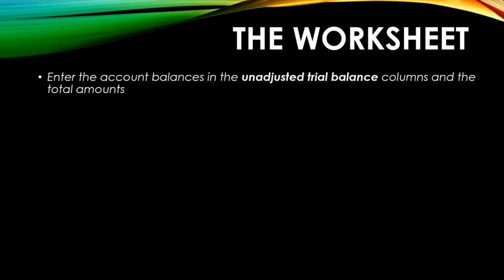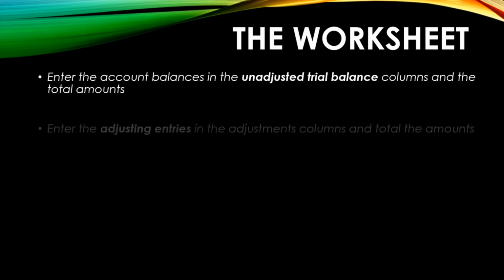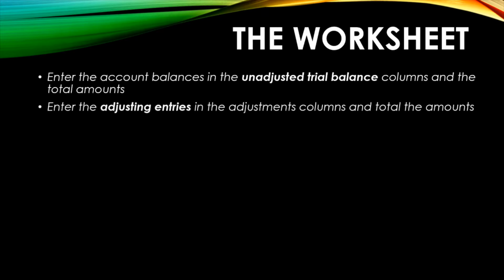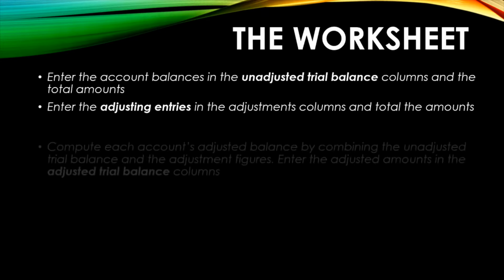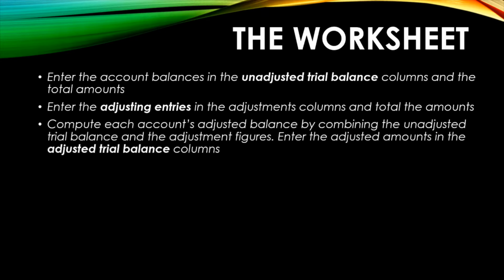So how should we prepare the worksheet? The first step: you enter the account balances in the unadjusted trial balance columns and their total amounts. Next, you enter the adjusting entries in the adjustment columns and total the amounts. Third, compute each account's adjusted balance to create the adjusted trial balance.